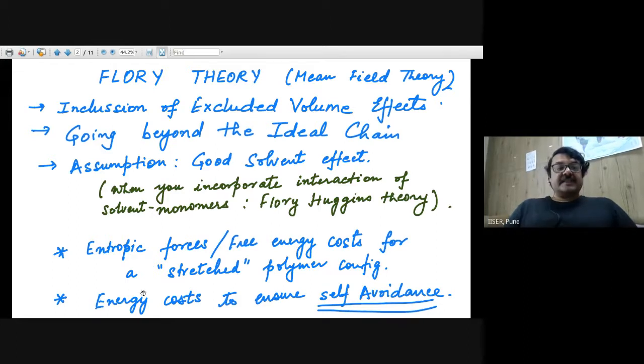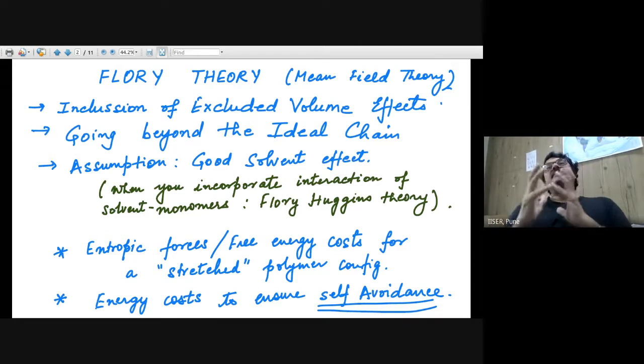So basically, these are the entropic forces due to stretching, and the energy cost due to self-avoidance, excluded volume.